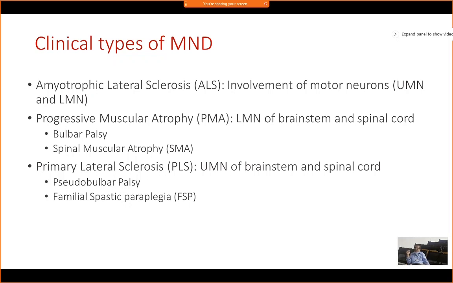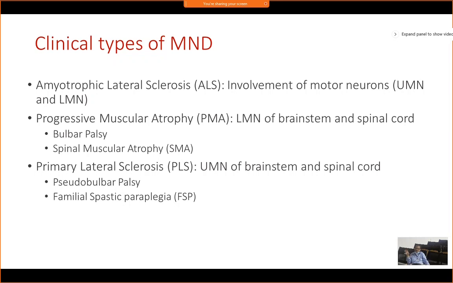One is amyotrophic lateral sclerosis, upper motor and lower motor involvement of the entire nervous system. Purely lower motor involvement of the brainstem, we call it bulbar, or of the spinal cord, we call it spinal muscular atrophy. Or purely upper motor type without lower motor involvement.